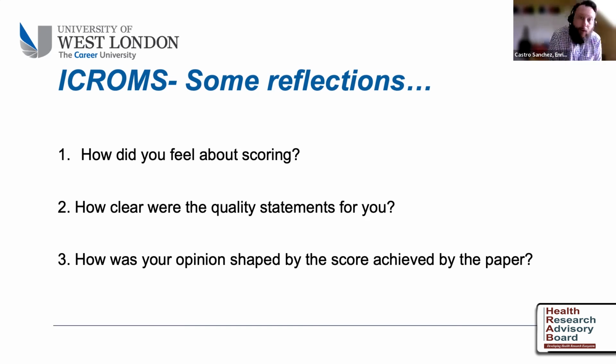So for a poor quality paper, the evidence will be seen in a certain way, but that paper will not be excluded. With ICROMS, we felt that if a paper doesn't achieve the minimum score, the quality is not enough, so we will exclude the paper. I hope that makes sense. Did that answer your question? Yeah, thank you so much.